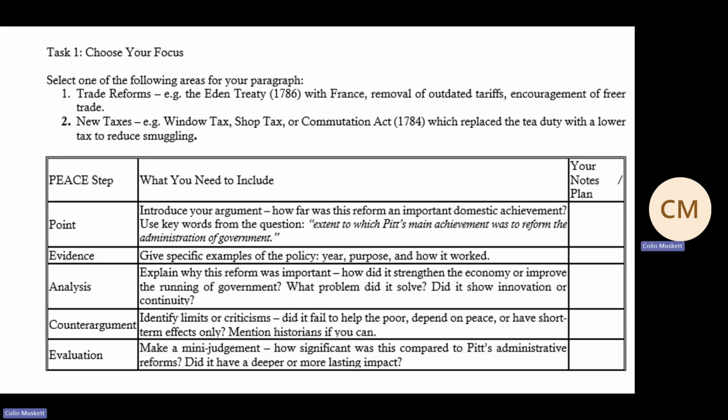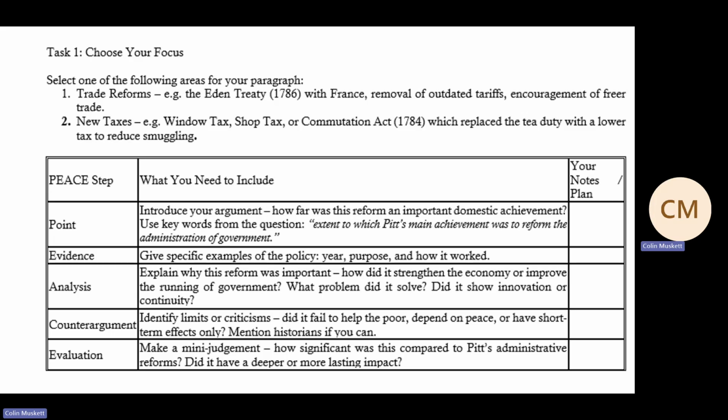What I would highly recommend is that you write your own introduction: where do you stand on this issue, what argument would you want to set out. I've done you the exemplar paragraph on the administrative reforms. So what you can do is choose either trade reforms or Pitt's new system of taxes and turn that into a fully developed paragraph.